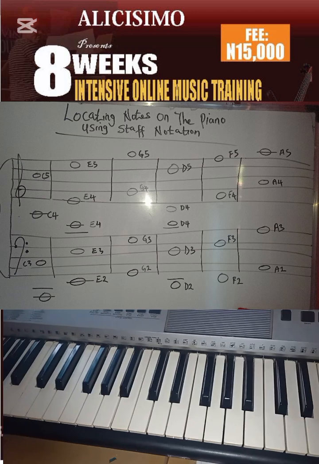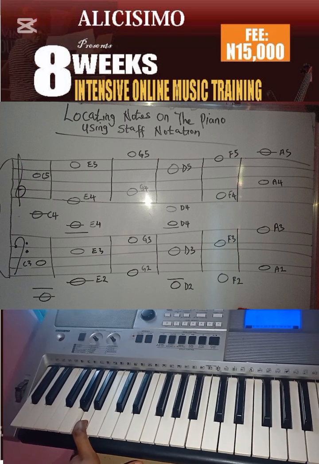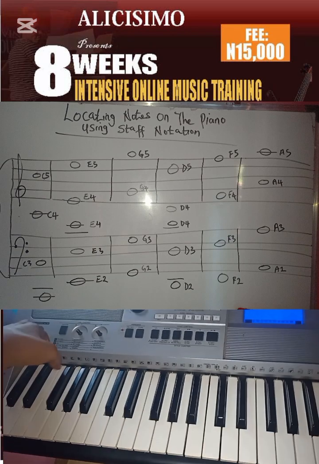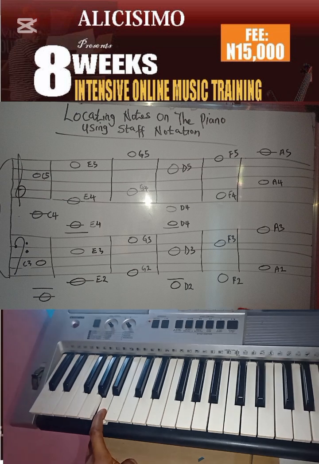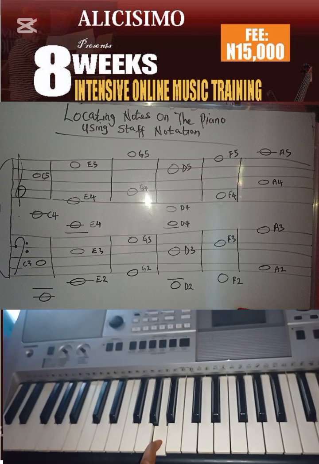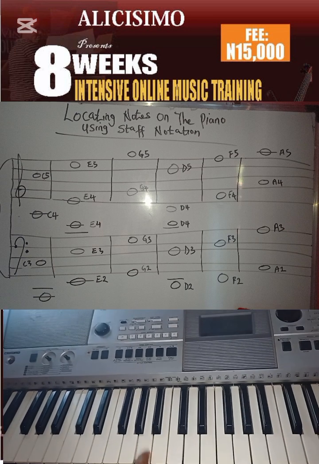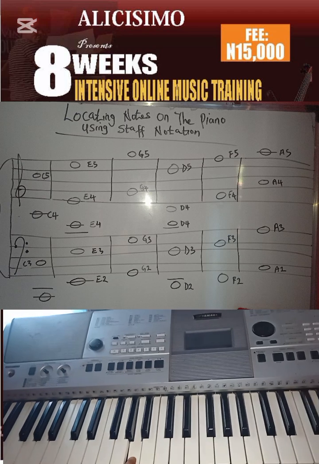And then we have A of the first space in bass clef. This is the A. First space in bass clef. And this is the A of the fifth line in bass clef. This particular A is the fifth line in bass clef.